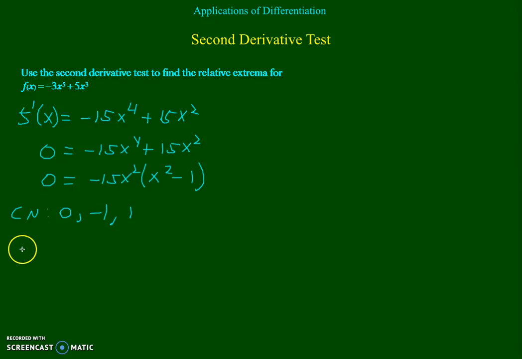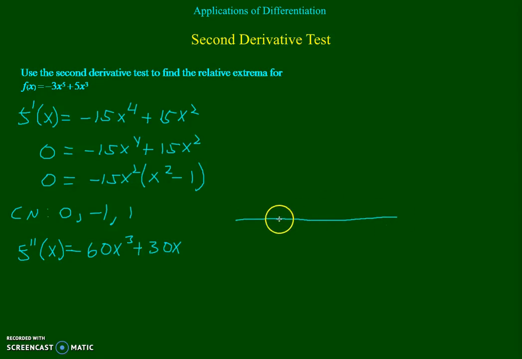Now we can go on and take our second derivative and use that with these values. So we have f double prime of x equals negative 60x to the third plus 30x. And we can now go ahead and evaluate this at these values.